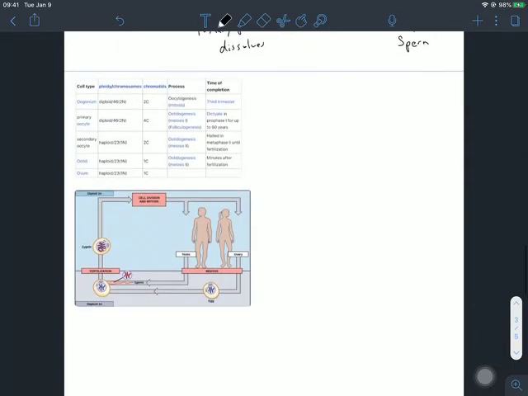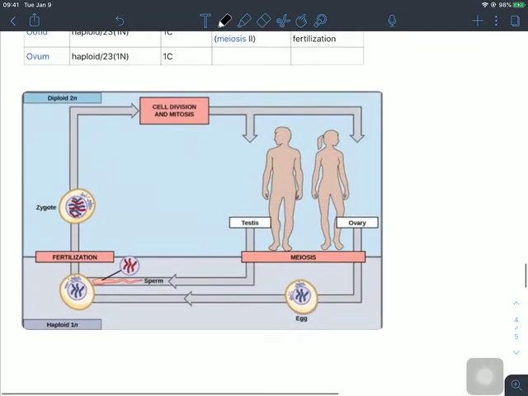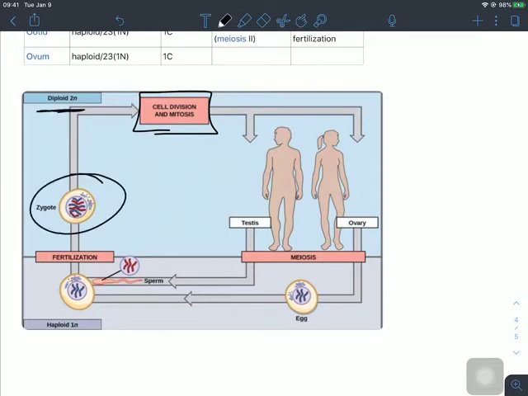This process is neatly illustrated in your textbook, where it shows that humans perform a whole bunch of cell division and mitosis in their diploid state after the formation of the zygote, or the fused egg and sperm.